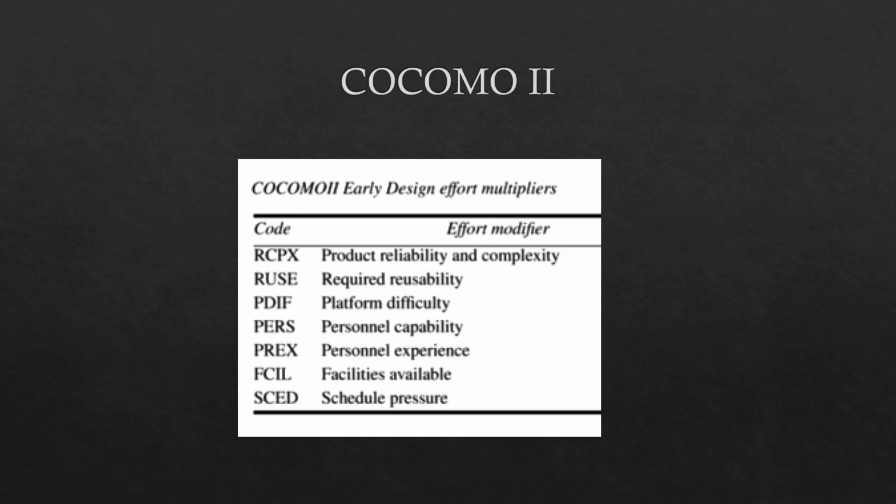Each rating for each effort multiplier has a value associated with it. A value greater than 1 means the development effort is increased. A value less than 1 means the effort is decreased.